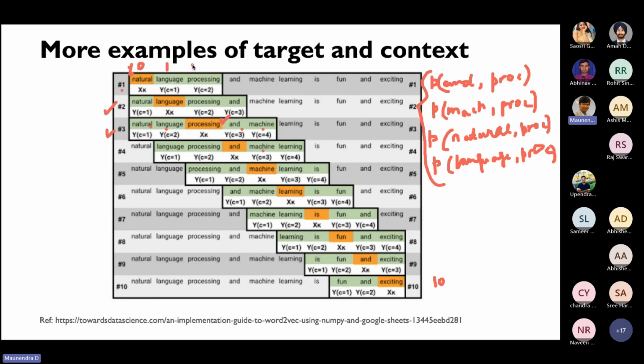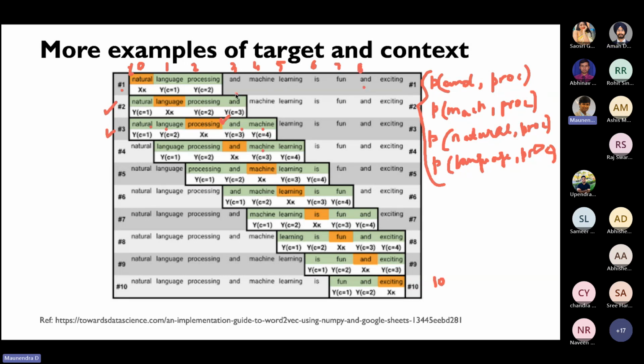T equal to 1, language is the center word. T equal to 2, processing. T equal to 3, 4, 5, 6, 7, 8.